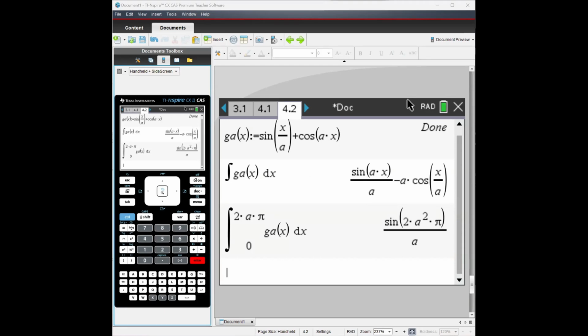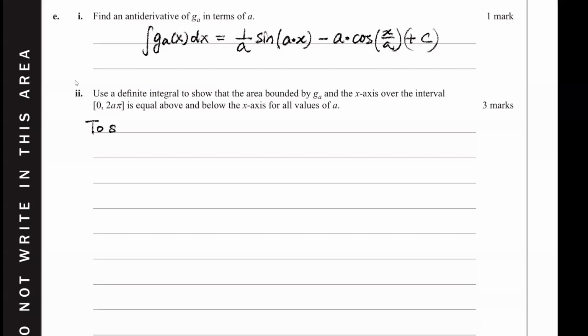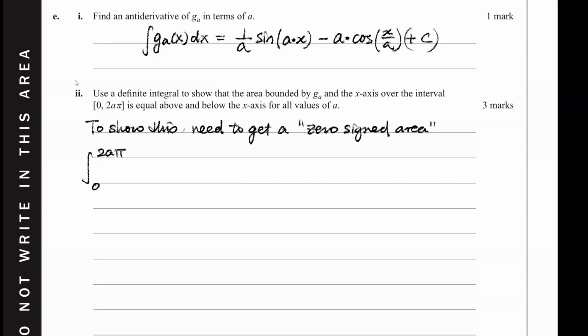What I'm going to do is this is our purpose. So let's try 0 to 2a pi of g_a of x dx. This is the definite integral.